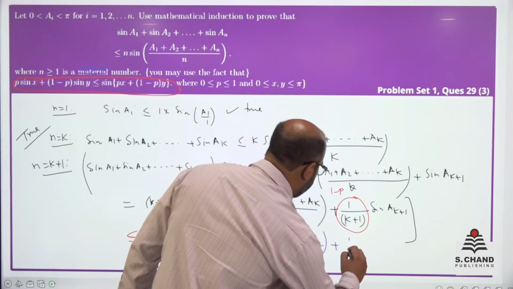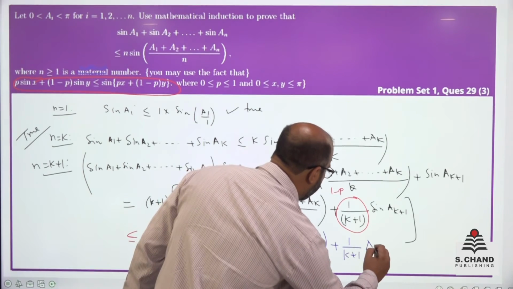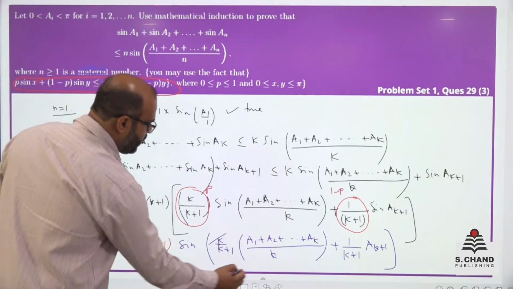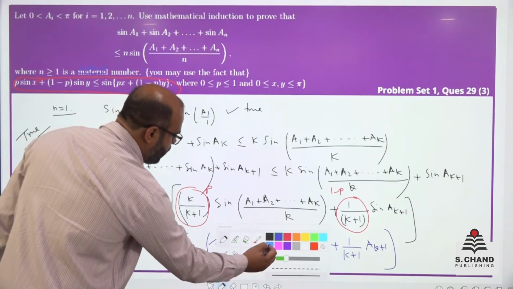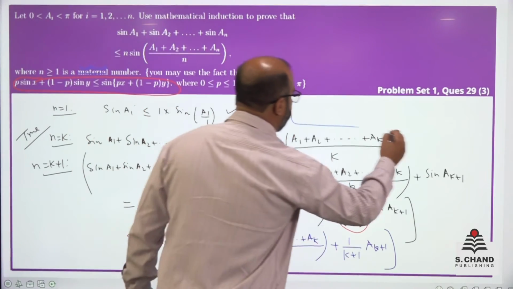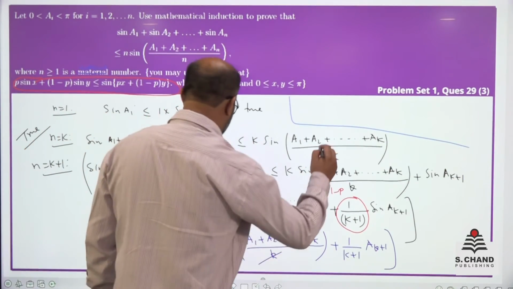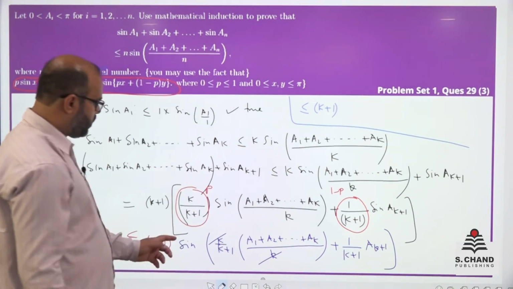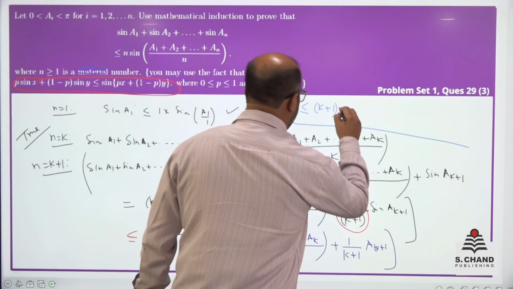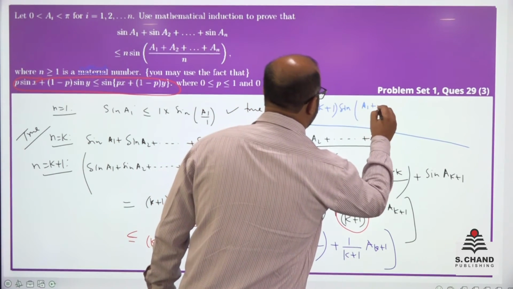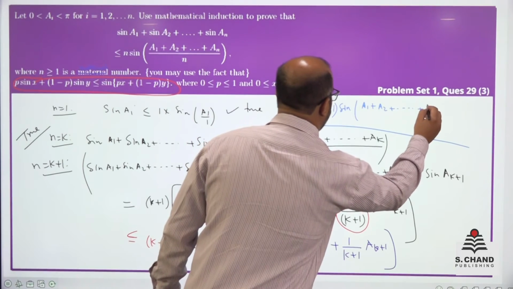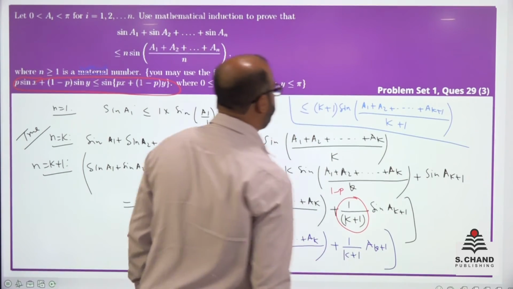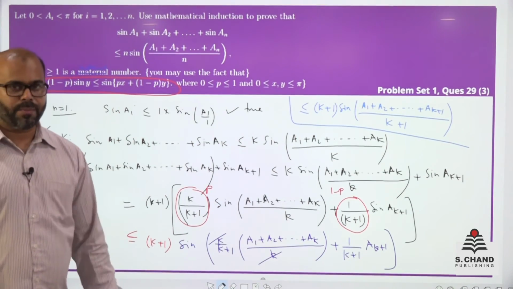So 1 minus p is 1 by k plus 1, y is A(k+1)). Now this k and this k will cancel, and in the last step, this is less than or equal to k plus 1 sin of (A1 plus A2 till A(k+1)) upon k plus 1, which we had to actually prove for n is equal to k plus 1.